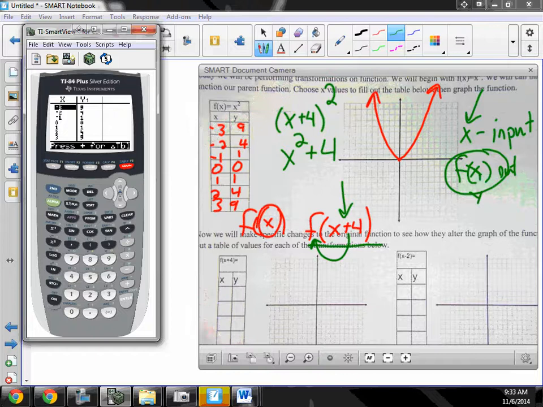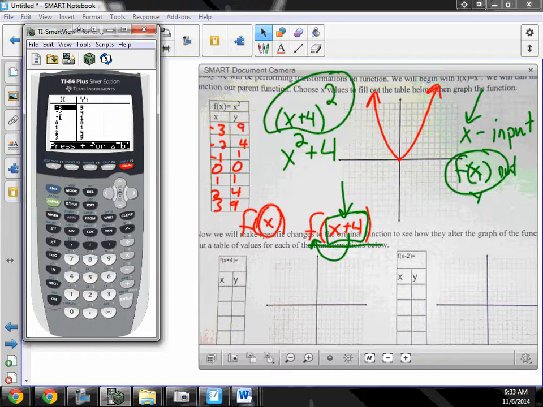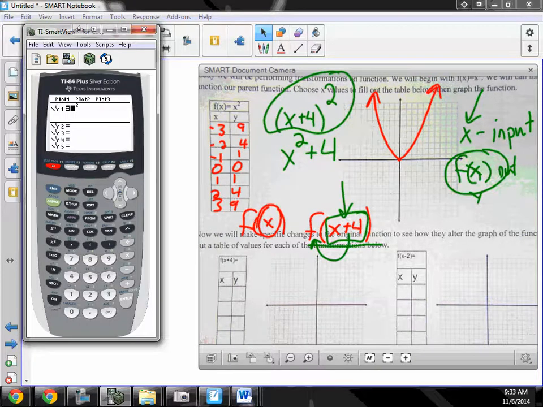And this one is saying, take our x, add 4 to it, and then plug it in and square it. So I'm going to go in my calculator, and I'm going to type parenthesis x plus 4, and then square it. And push graph.